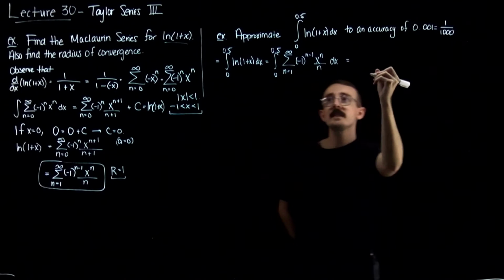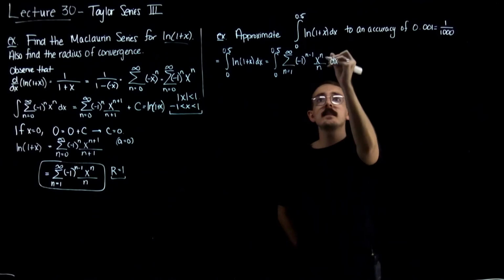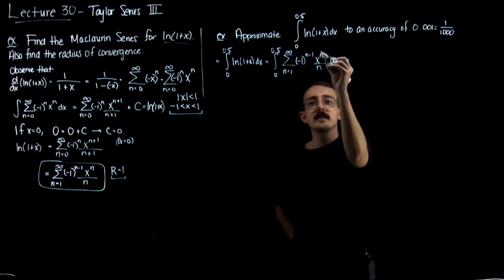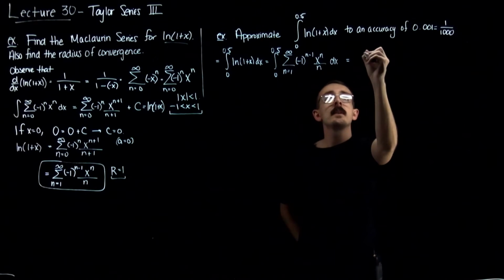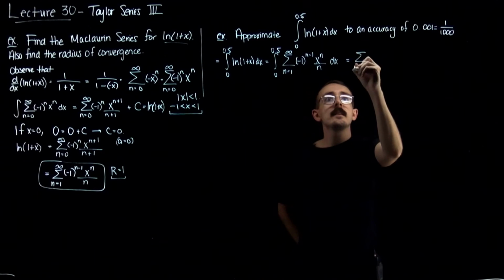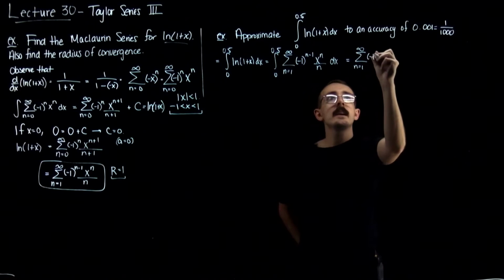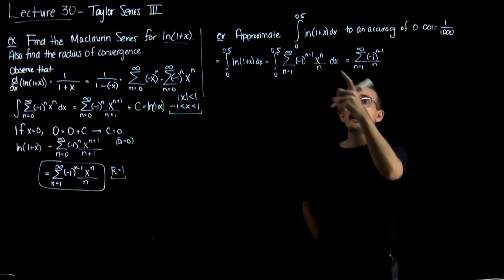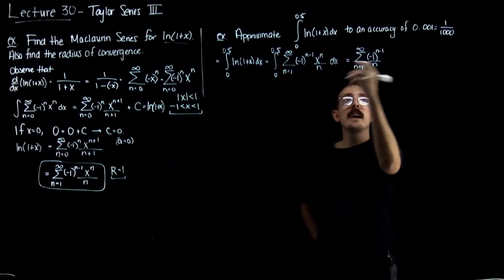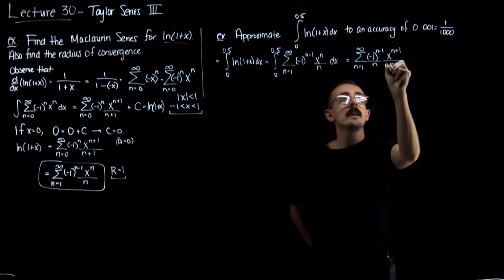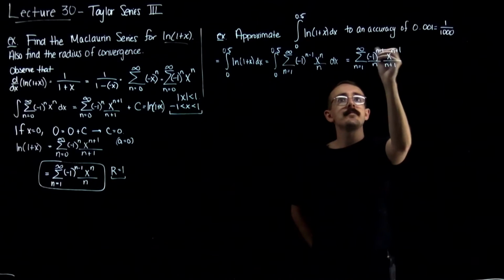So let's keep going. If I integrate this, just like I did over there, I'm going to focus on this x portion. Integrating, I get the summation n equals 1 to infinity, negative 1 to the n minus 1 over n, which is a constant with respect to x, and then here, I have x to the n plus 1 over n plus 1.